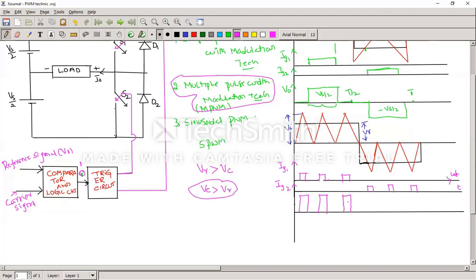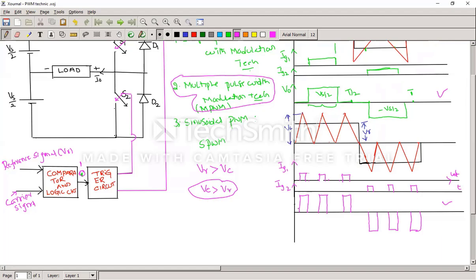Again here, S2 is on, and the output voltage becomes minus Vs by 2. Now, if you compare this waveform and this waveform, this one is single pulse width modulation, but this is the multiple pulse width modulation.